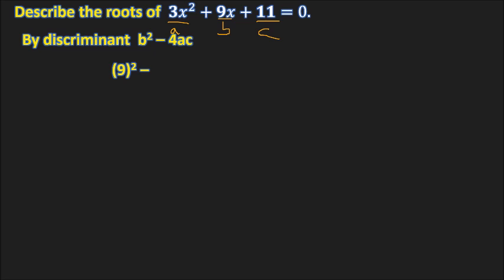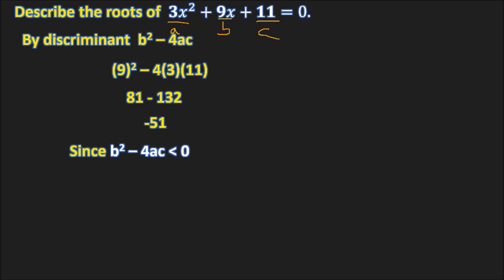So in this case, our b is 9, so 9 is squared minus 4 times 3 times 11. But 9 squared is 81 and 4 times 3 times 11 is 132. And 81 minus 132 is negative 51, which is obviously less than 0.